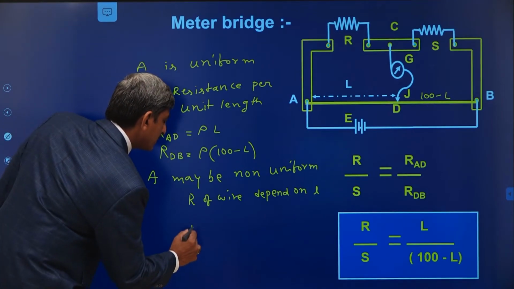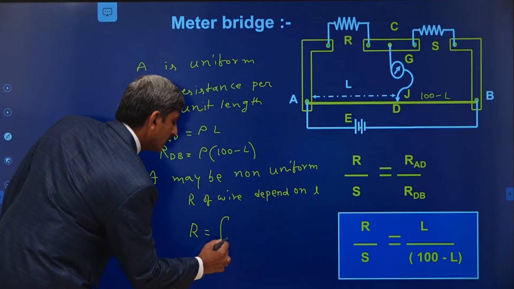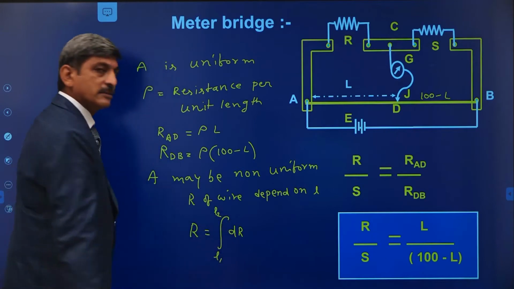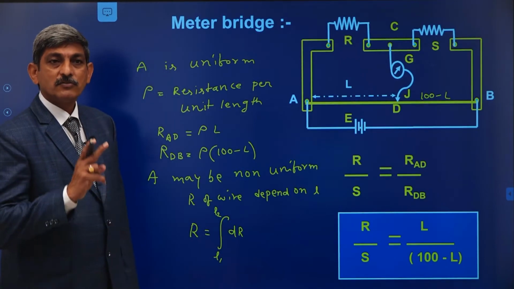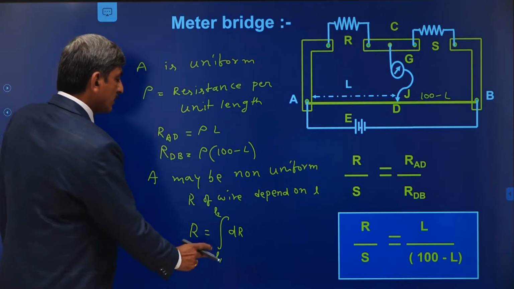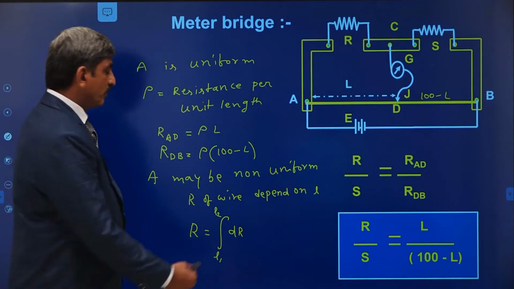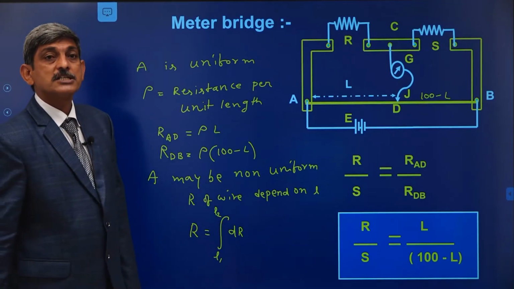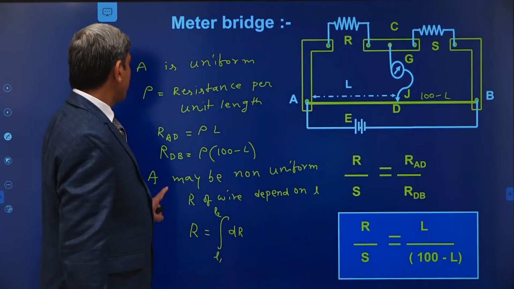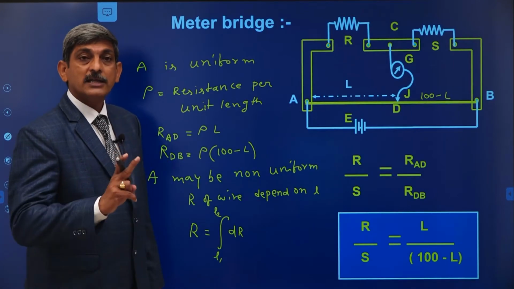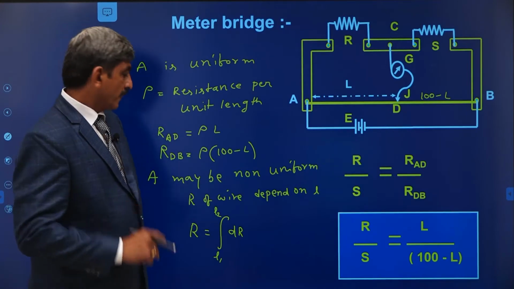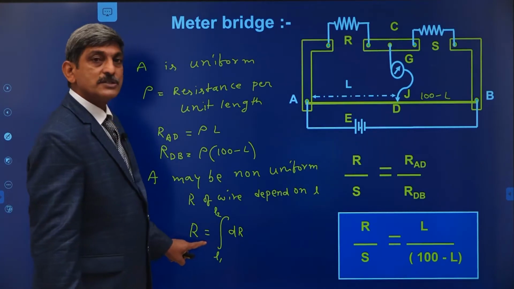For that, the resistance of the wire is equal to integral dR between the suitable limits L1 to L2. That means from what end to what end we are measuring the resistance of the wire. By taking those two as the limits of the integration, we have to find out the resistance value for the AD portion and DB portion if the wire is having a non-uniform cross section and the resistance value is varying as a function of L. In those cases, we have to use this concept.